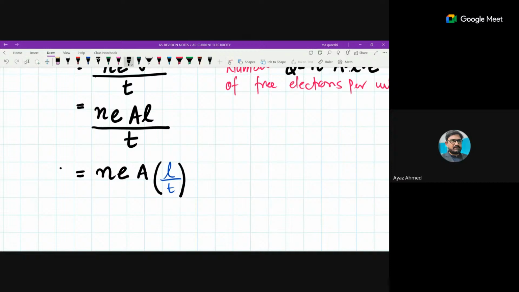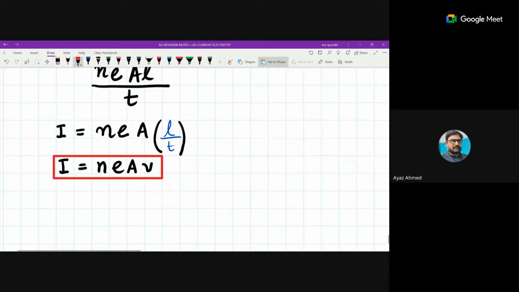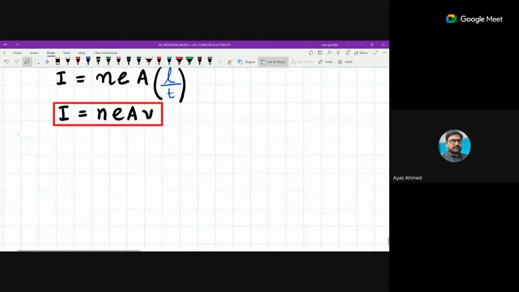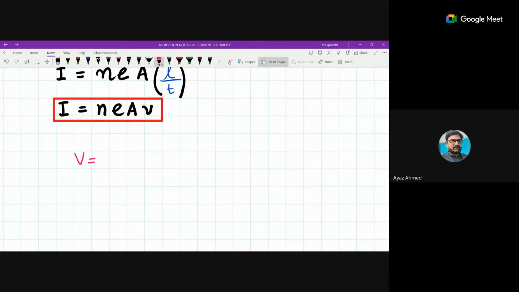So this is I is equal to n e A v. That's it. It is derived. If you are asked to make this v the subject, then just separate this v. That is I divided by n e A. Simple.